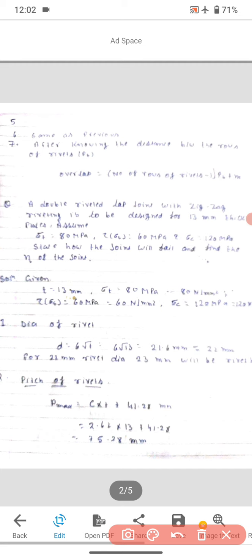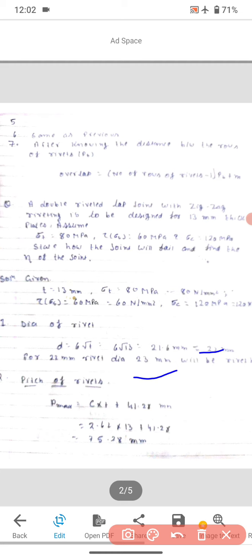Open your data book and find the size of the rivet, 22 mm, that you already got from the solution, and see the corresponding rivet hole, and you may see it will be 23 mm. The rivet hole should be 23 mm.